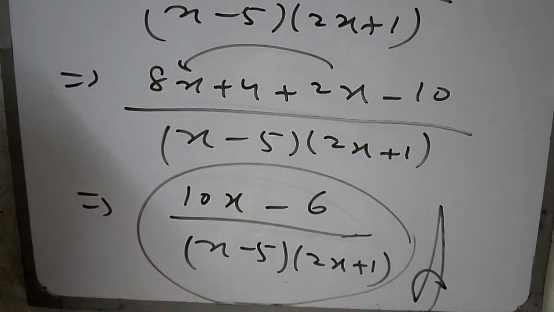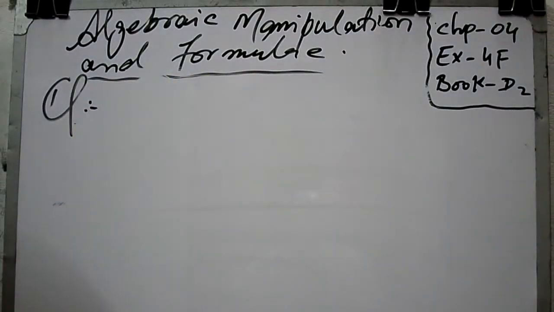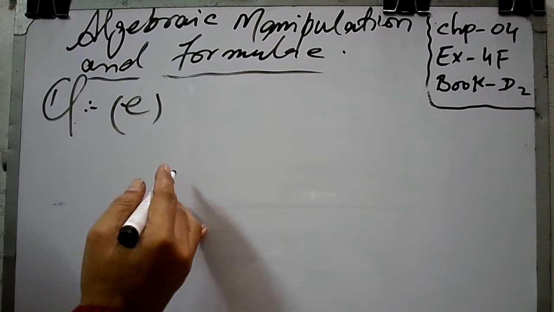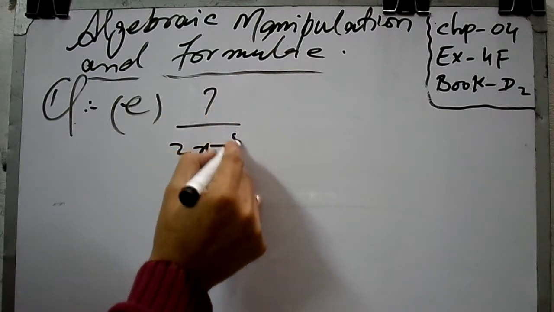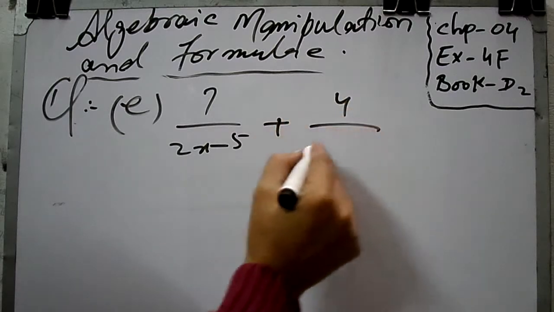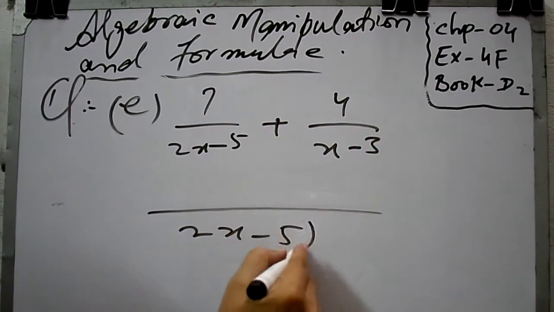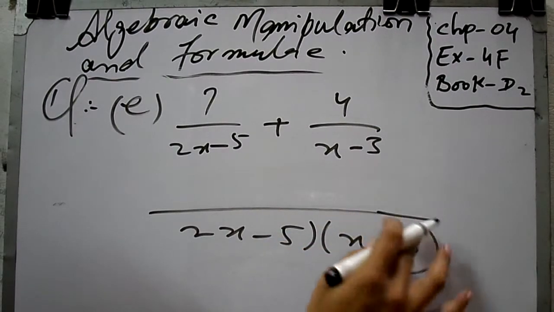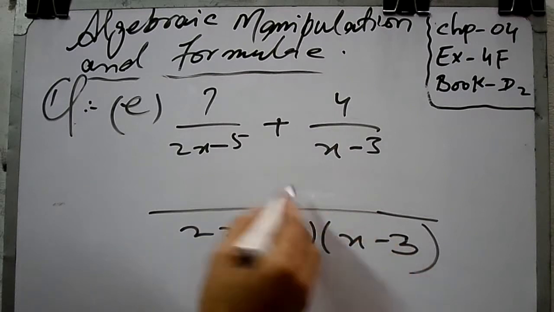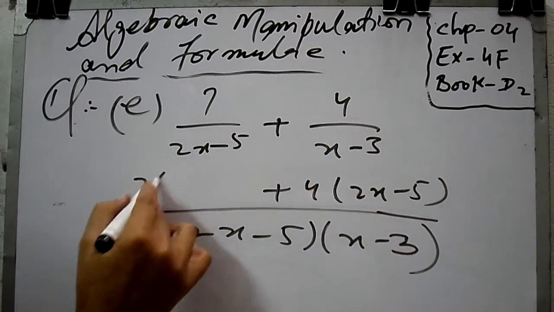Now coming to the next part, that is your E part. 7 divided by 2x minus 5 plus 4x minus 3. So taking LCM, you will get the LCM methodology applied here.